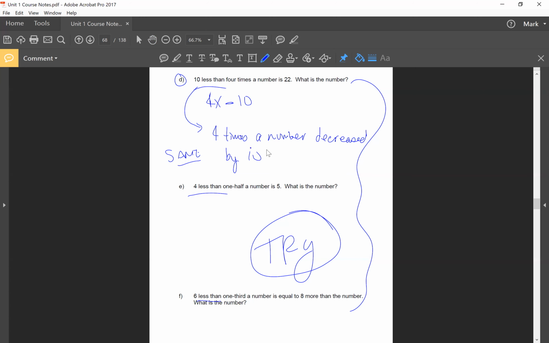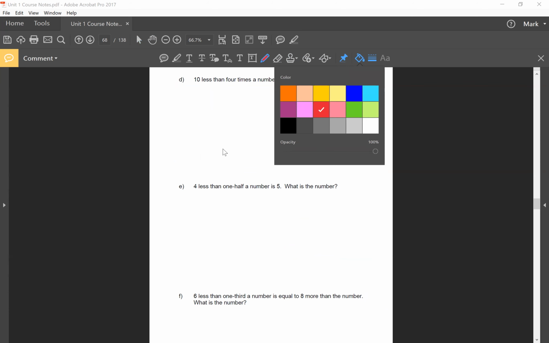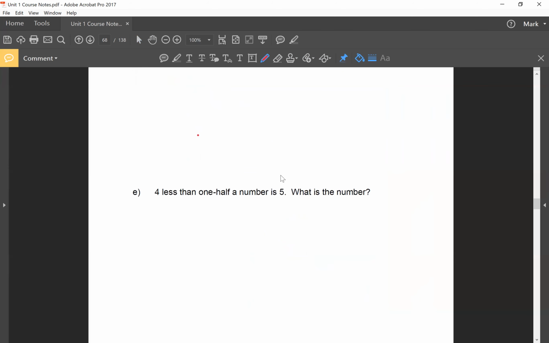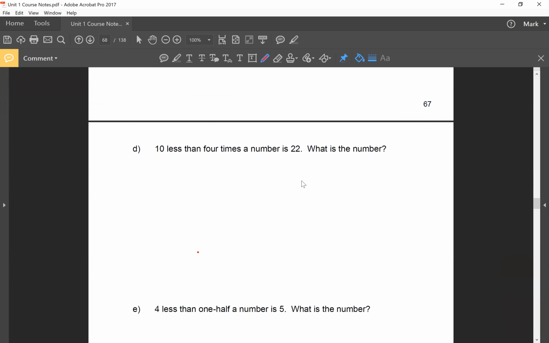All right, let's very, very quickly look at the answers to this. The reason I say quickly is I didn't design this book. All these questions are the same thing over and over. I think the reason is that a lot of students, myself included, get confused with this less than business.